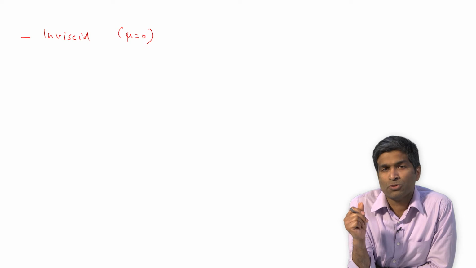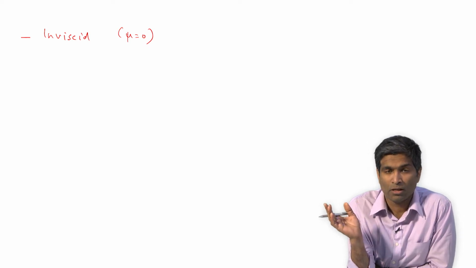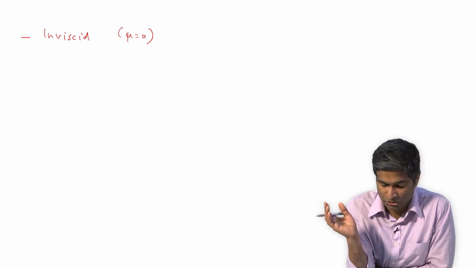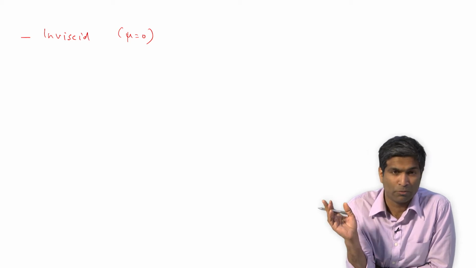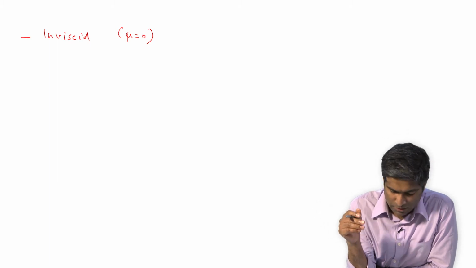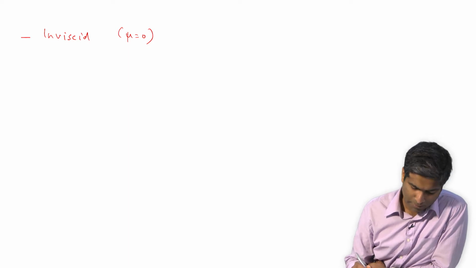For a lot of situations, this is a pretty decent approximation, even though we talked about viscosity being a primary property of fluids that gives rise to stresses. For a whole bunch of situations like high-speed flows, flows around aeroplanes, flows of water in large ducts, viscosity turns out to actually be not very influential.